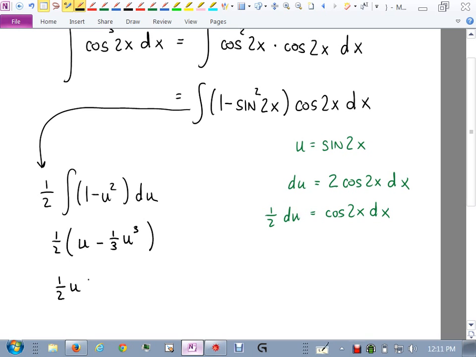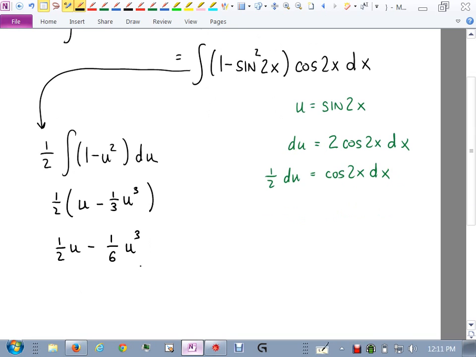We have 1/2 u minus 1/6 u cubed, plus a constant, but I'm not even caring about the constant anymore. And then what's the u here? Sine 2x, right? So 1/2 sine 2x minus 1/6 sine cubed 2x, or you could say sine 2x cubed. And that's it, right?